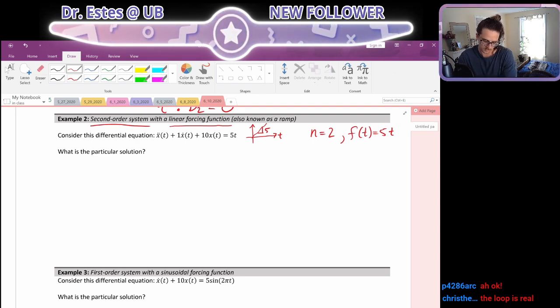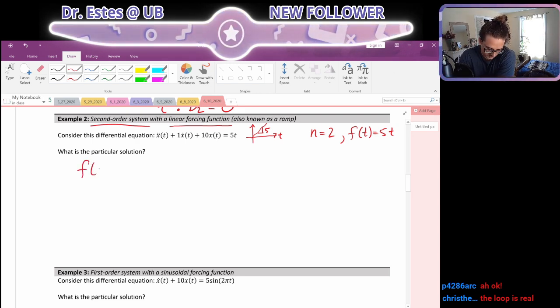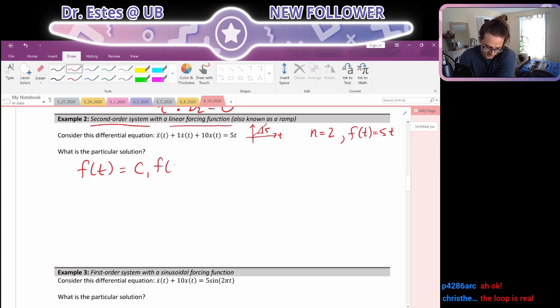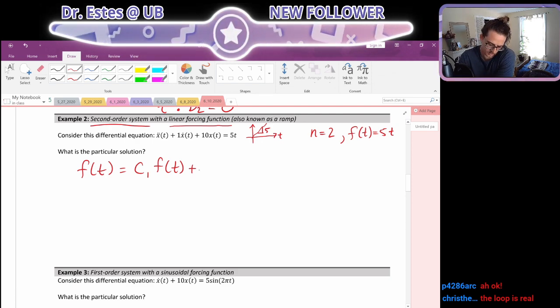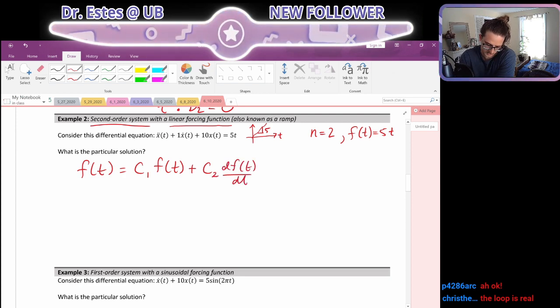So our particular solution is going to be some coefficient times f of t. And remember, we're going to go up to the nth derivative here. Plus c2 df of t dt.